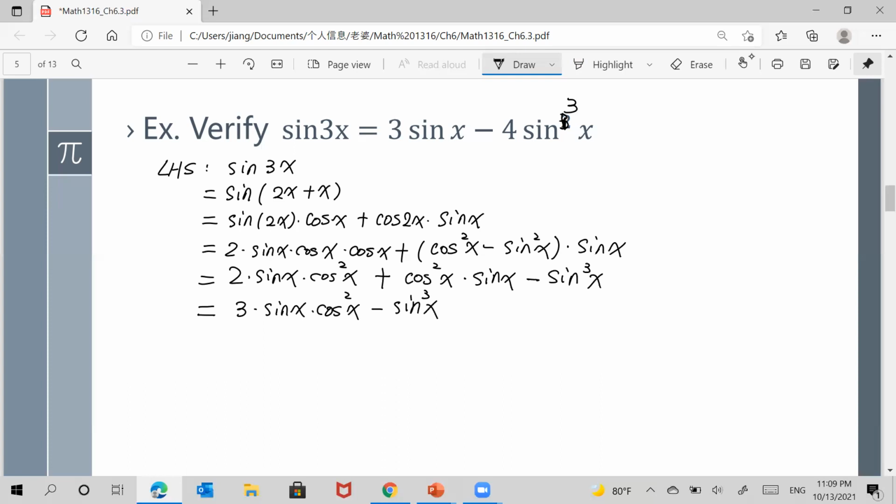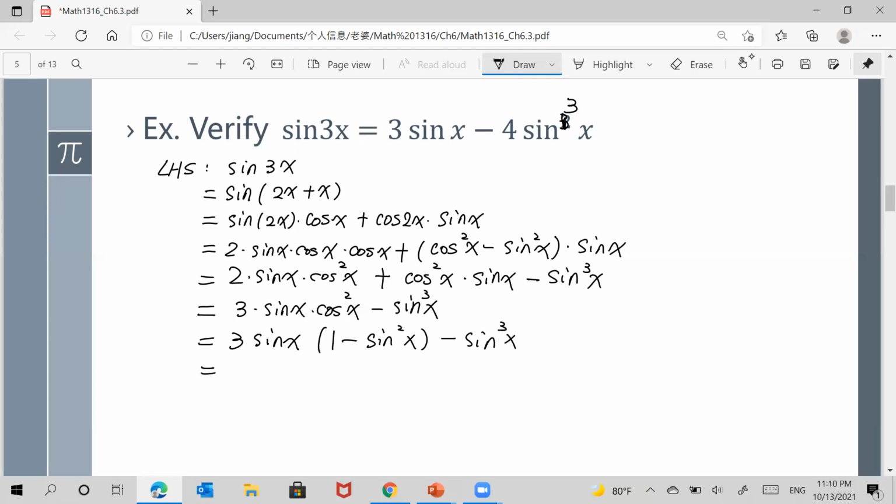And look at the right-hand side. It doesn't have a cosine term, so I need to convert this cosine to sine. Use the Pythagorean identity. That's 3 times sine x, and then in parentheses 1 minus sine x squared, minus sine x cubed.